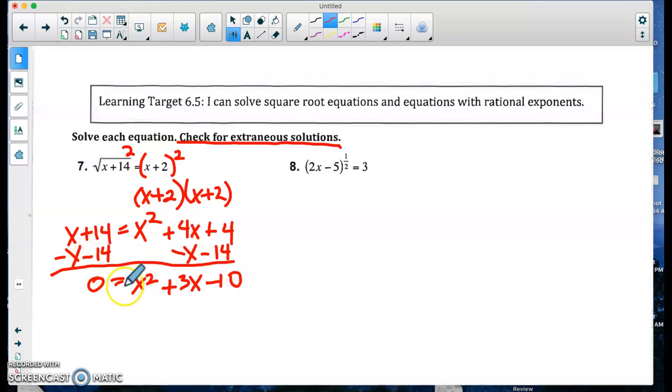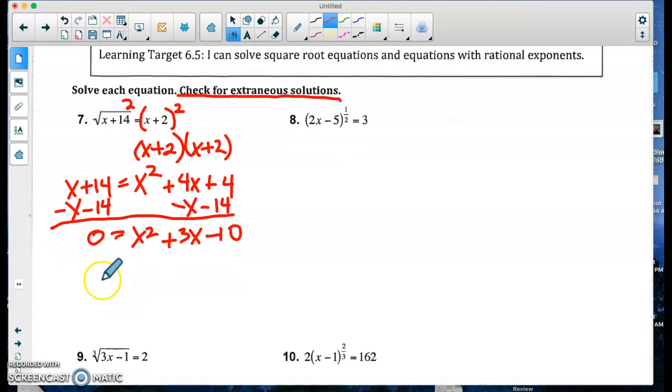Now that it equals 0, this should look like stuff that you did back in 9th grade. We are going to factor this. So what I have now is 0 equals x plus 5 and x minus 2. Multiplying those gets me negative 10. Adding these two together gets me that positive 3.